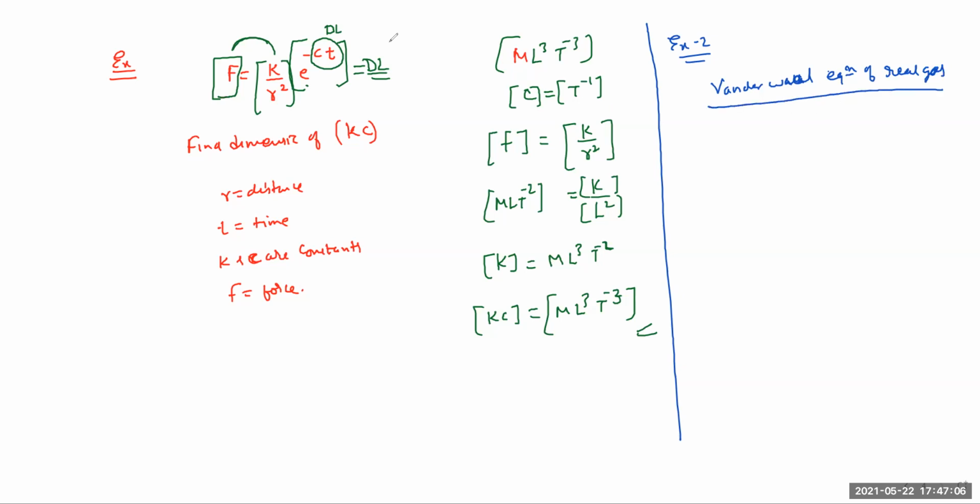The ideal gas equation, which you are already exposed to, is PV equals nRT. This equation is only true for ideal gases which follow ideal behavior. But in real life, gases do not follow this formula. What they follow is called the van der Waals equation, which is a modified form of this formula, and it looks like this.